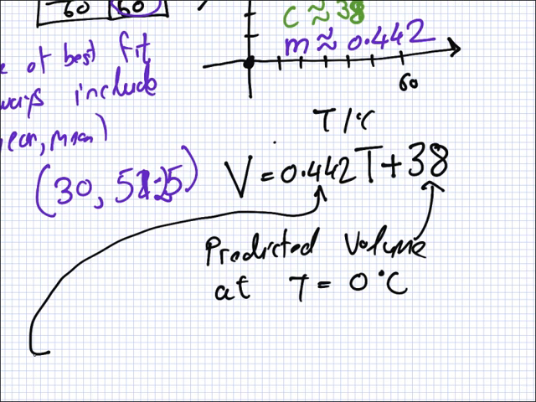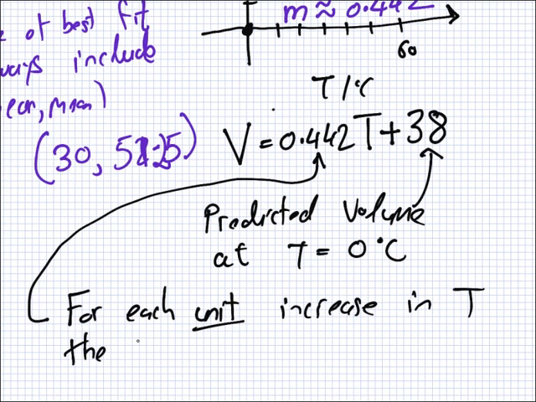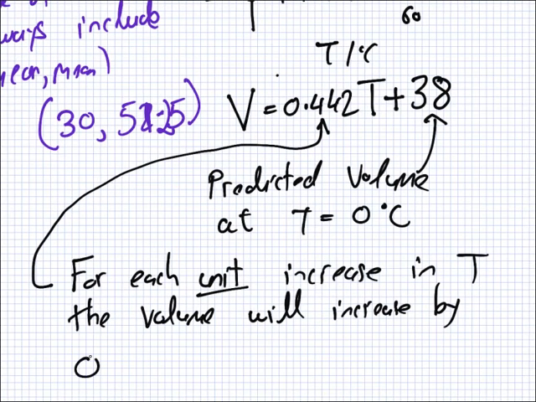So what we can say about the 0.442 is this. For each unit increase in temperature, the volume will increase by 0.442 centimeters cubed.